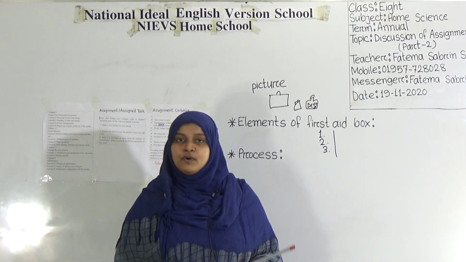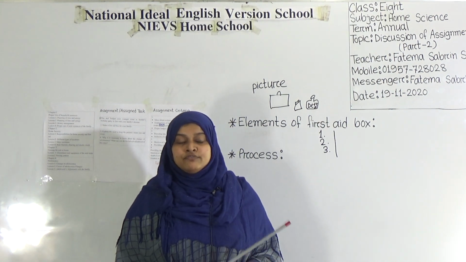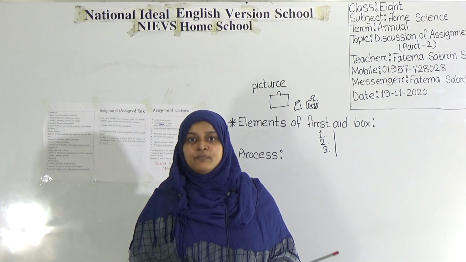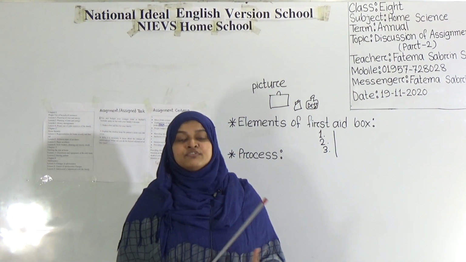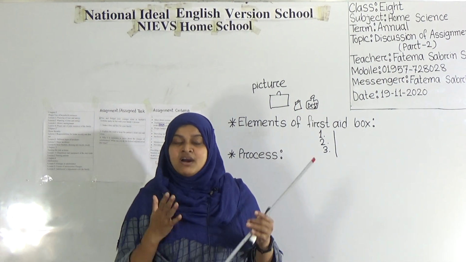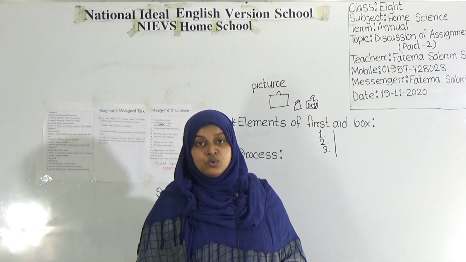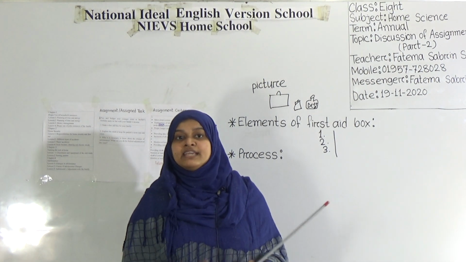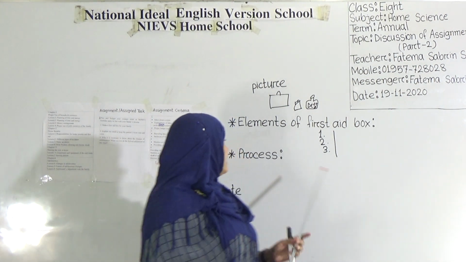Another girl can explain that I have taken an unused box and made it a first aid box. Or another girl can say I cut some hard paper and then I attached them with glue or super glue, and I kept all the elements inside the box. Like this, you can write the process.